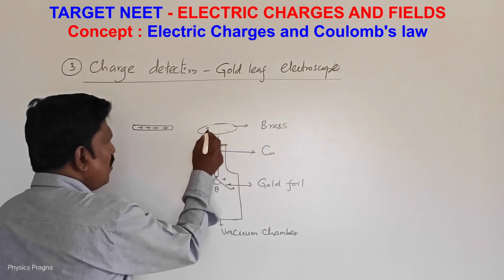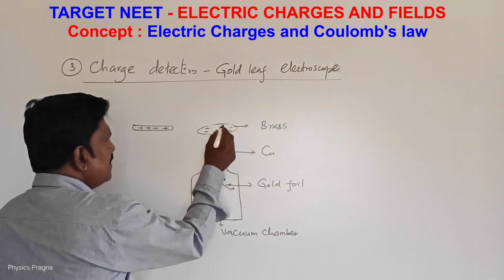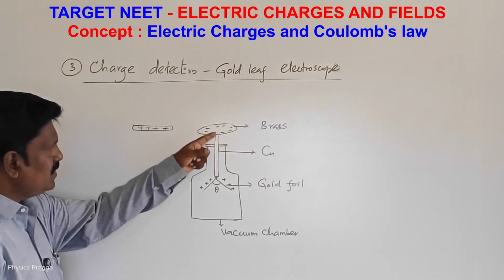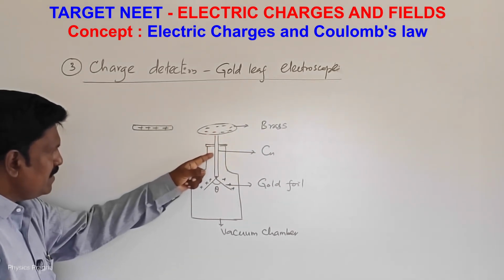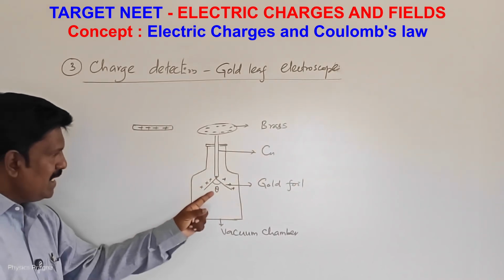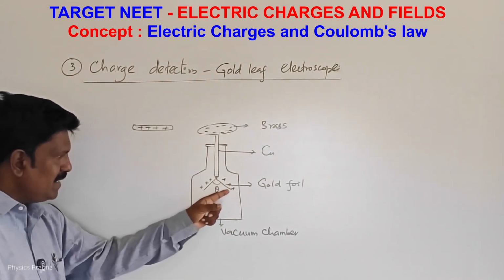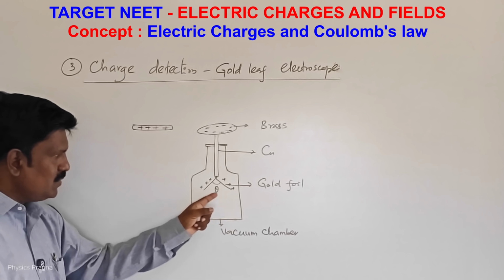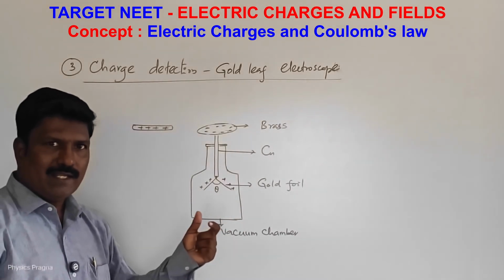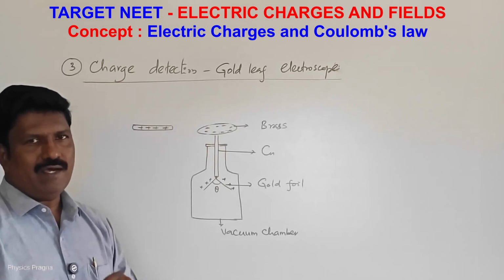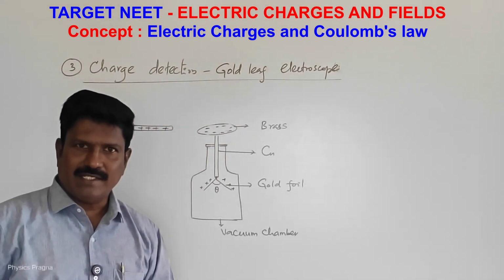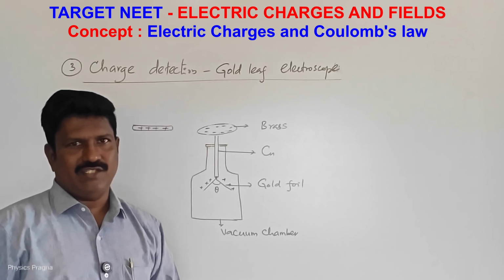Opposite charges will be induced on this brass disc. Whatever positive charge remains will go to the gold foils, and we can calculate the angular displacement, the separation between these two gold foils. By calculating this theta, we can also calculate the magnitude of charges. Like this, the gold leaf electroscope works in detecting a charge.